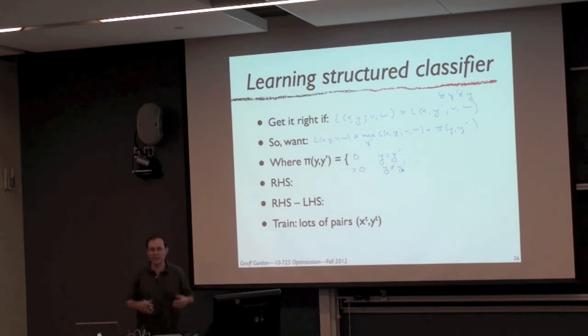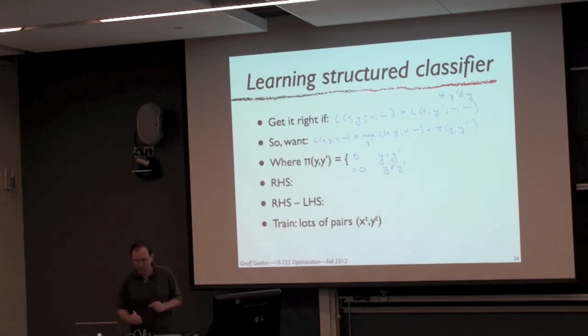So for example, I could just take it to be 1 in that case, or I could take it to be the Hamming distance. So y and y prime are both sequences of characters, CONVEX, and so maybe CONVCX is closer than PQBDE. So the Hamming distance I could take as my measure of how far apart.